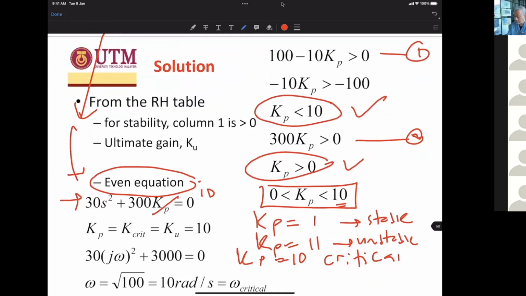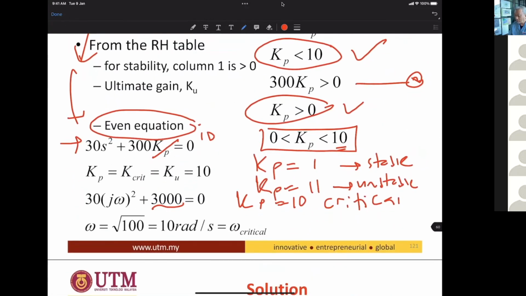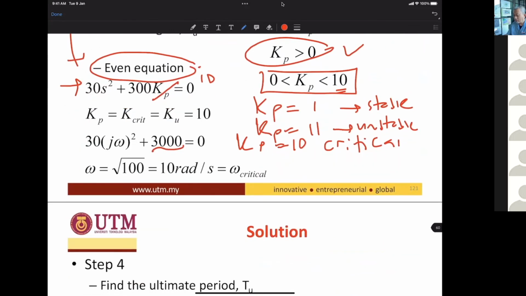So insert: 300 multiplied by 10 is 3000. Simplify. S is equal to j omega. So you will get 30 (j omega) squared minus 3000.